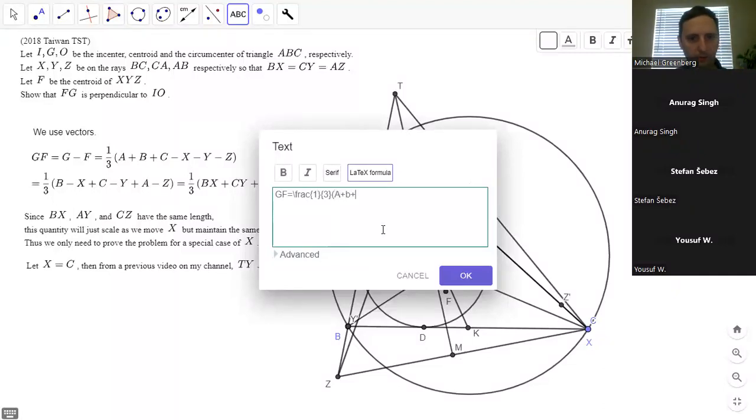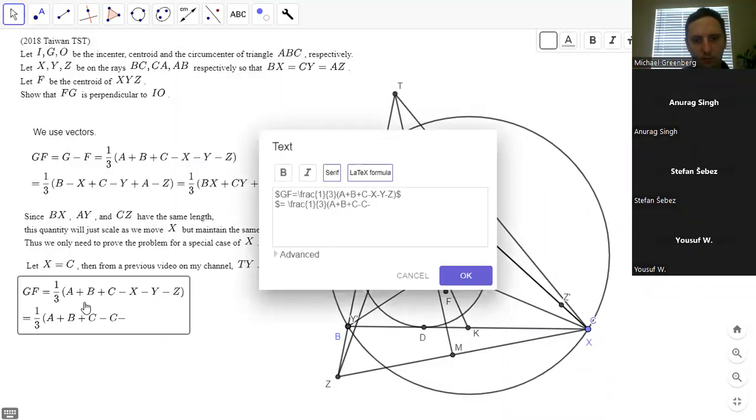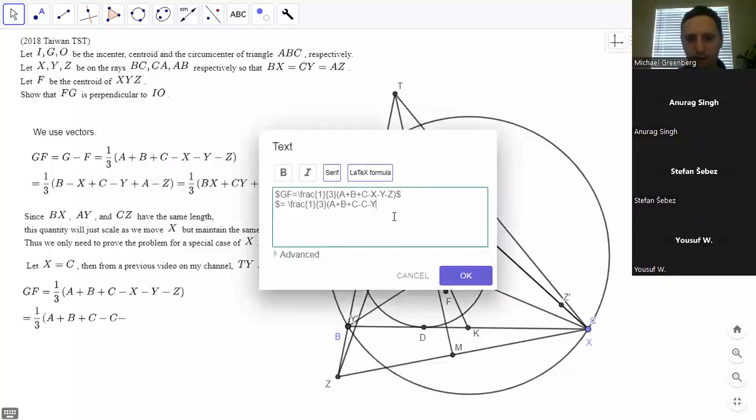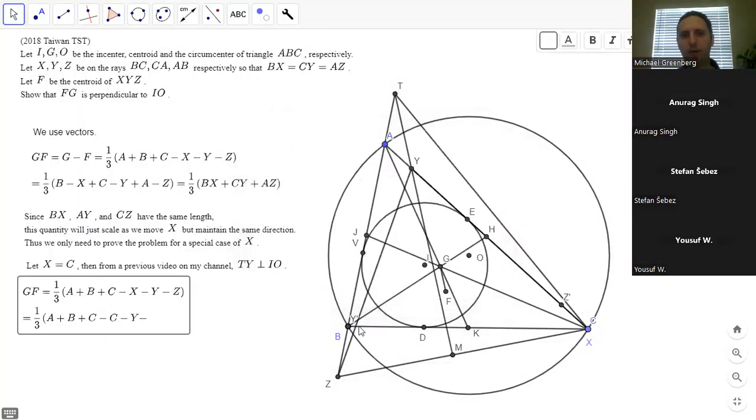So we would have A plus B plus C minus X minus Y minus Z. And that would be equal to a third of, so A plus B plus C is going to be the same, but X is actually point C, and then Y I think I'll just leave as Y, but then Z we can calculate, because basically Z and T are symmetric.